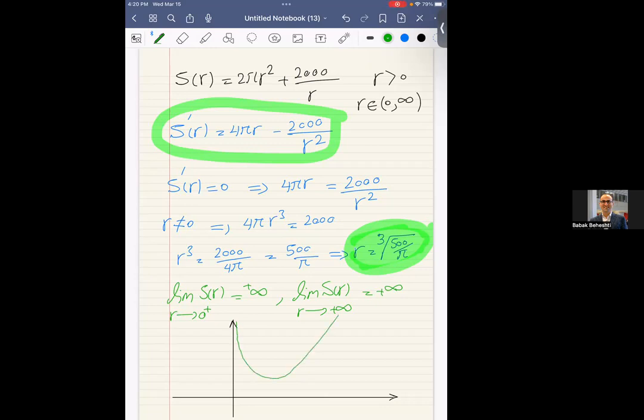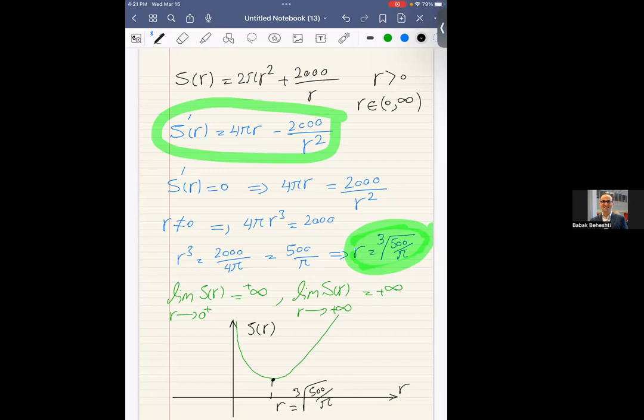So the minimum is at this point, where this is r and this is s of r. So r is the third root of 500 over pi.